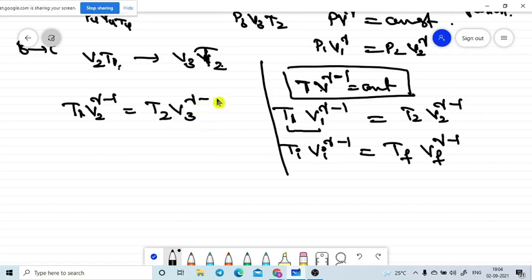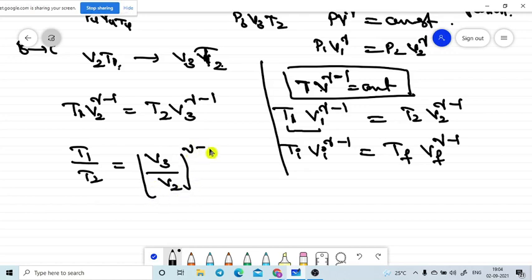Taking T1 by T2, T1 by T2 is equal to V3 by V2 whole to the power gamma minus 1.